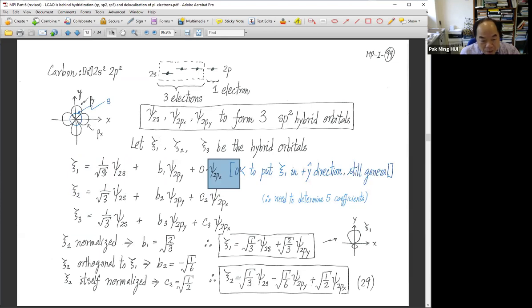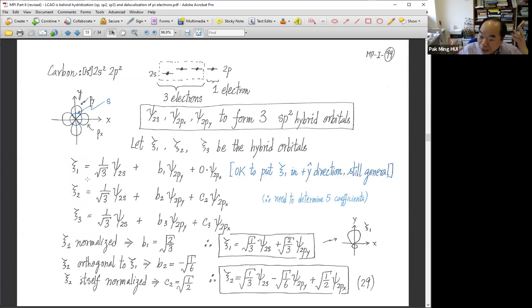Each one of them is such a linear combination, thereby we should have 9 coefficients. This time, this S is going to be shared by these 3 hybridized orbitals. It will be shared equally.